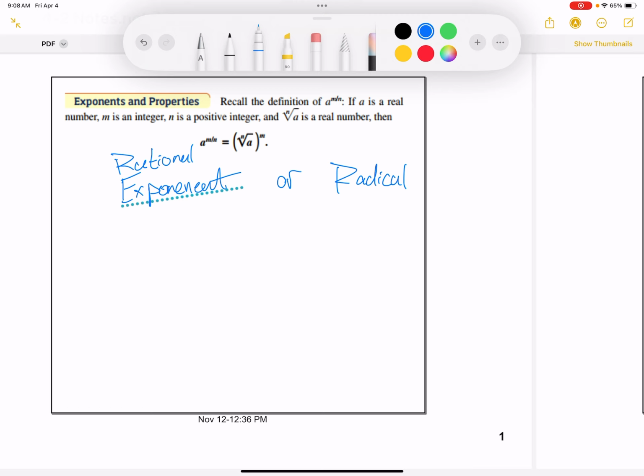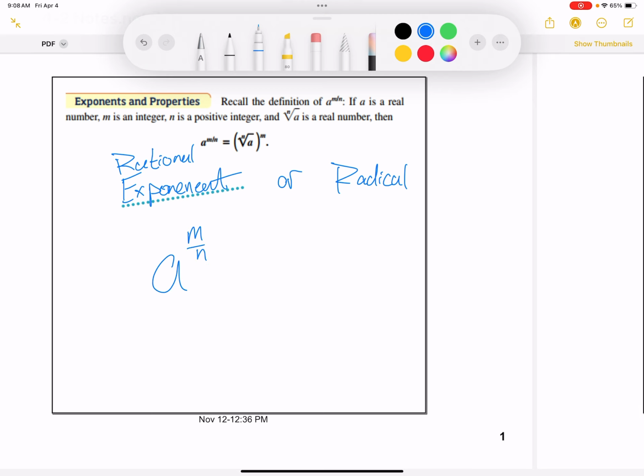So in this example, a to the m over n power is going to be the same thing as, or I'll say equal, you can interchange them, the nth root of a to the m. That's how I would write it. I see how they write it a little different. I prefer to write it this way.